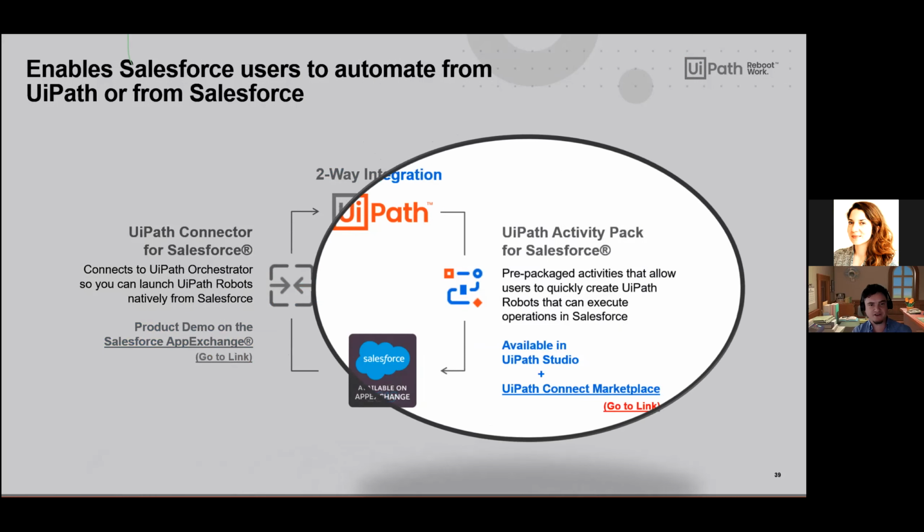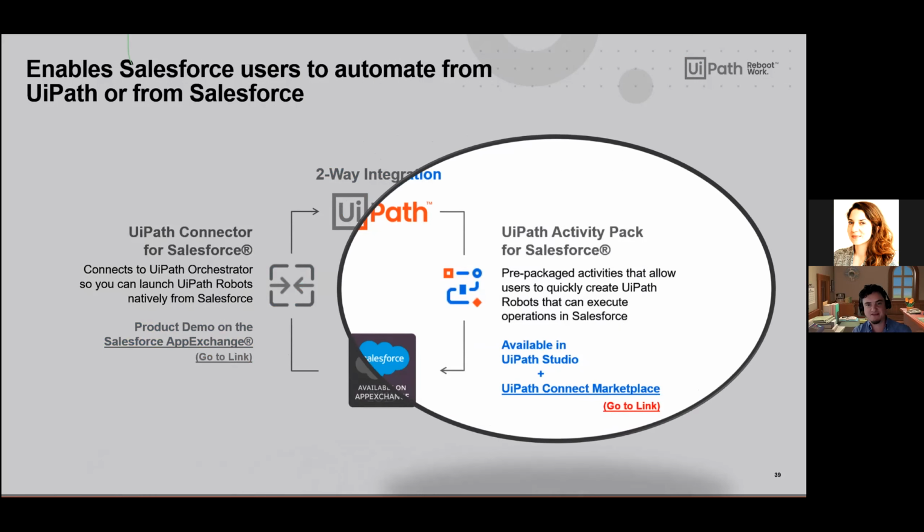The second way of integration is the UiPath Activity Pack, which is more or less something you load into your UiPath Studio, and you model the flow with these activities. These activities give you a kickstart because they are talking directly to the API. So you don't really need to drill into all the technical complexity of these APIs that, for instance, Salesforce provides.